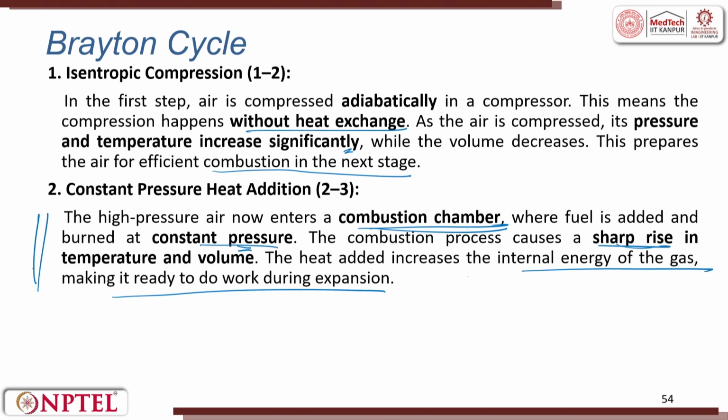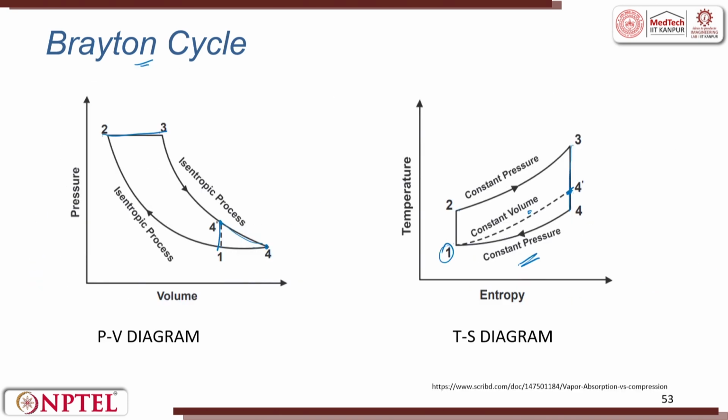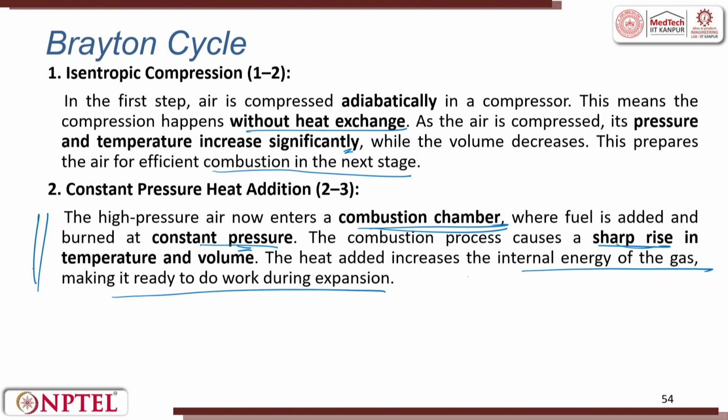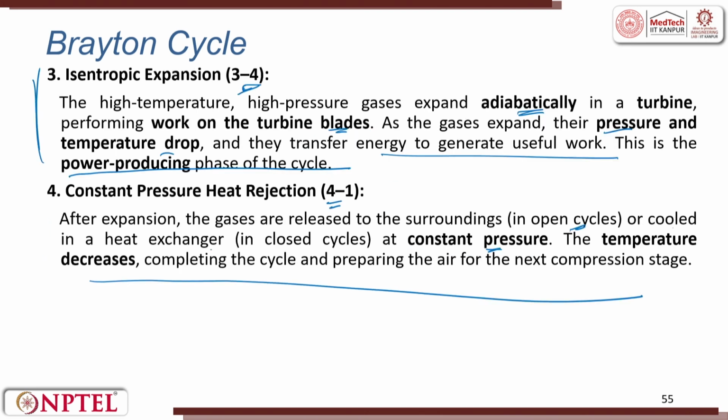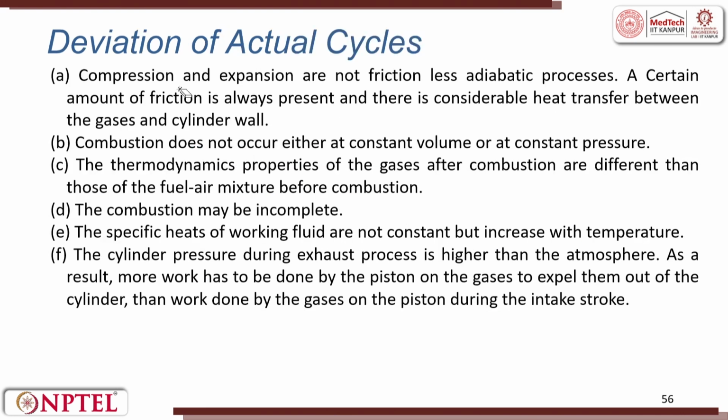Okay. So, Brayton cycle is this, which consists of isentropic compression, constant pressure heat addition, isentropic expansion and constant pressure heat rejection. Now, let us see how these deviate from the actual cycle.